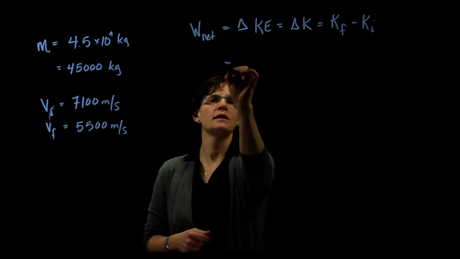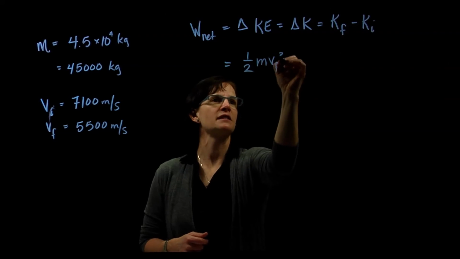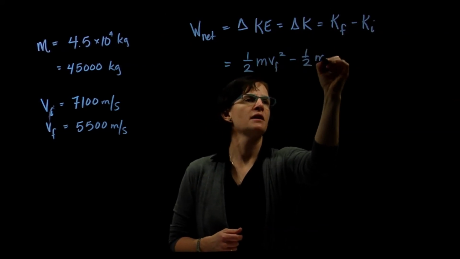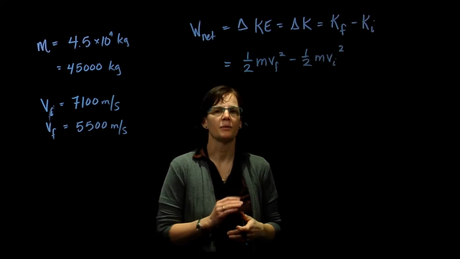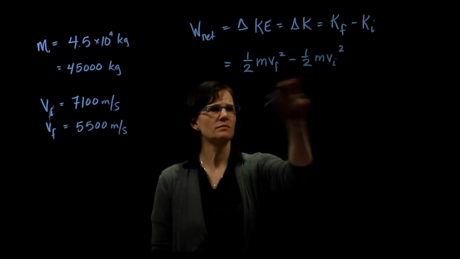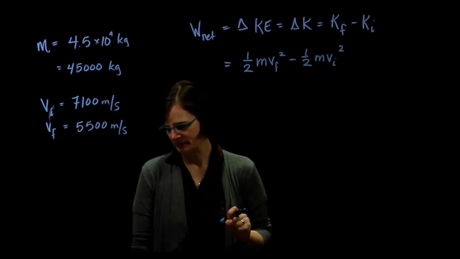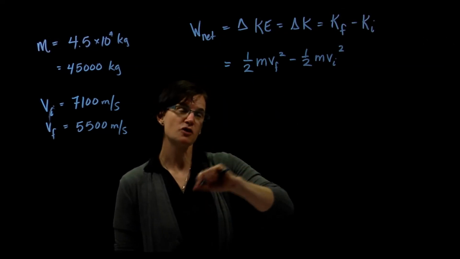So our work is 1/2 the mass times the final velocity squared minus 1/2 the mass times the initial velocity squared, or speed, because we want to keep in mind that kinetic energy is a scalar quantity. So speed there.